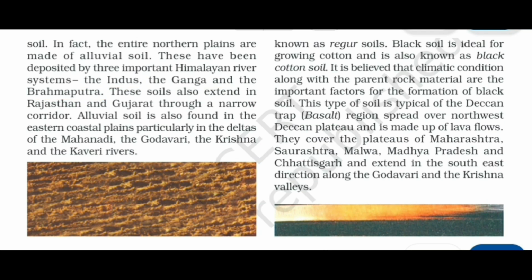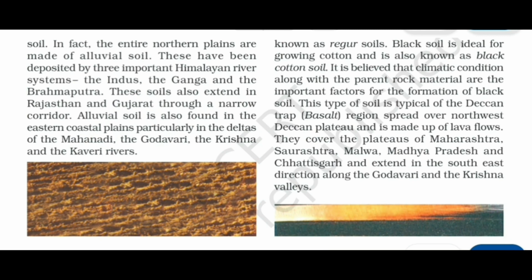Then you find alluvial soil in the deltas. Now where are these deltas? In the eastern coastal plains, not in the western coastal plain. Only in the eastern coastal plain we find the deltas of Godavari, Krishna, Kaveri, Mahanadi, and they have deposited the alluvial soil.